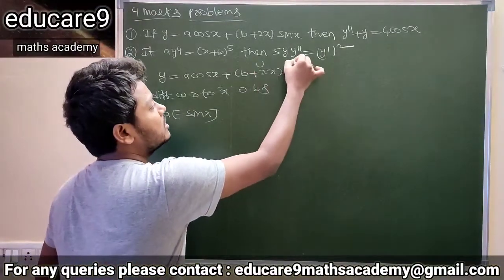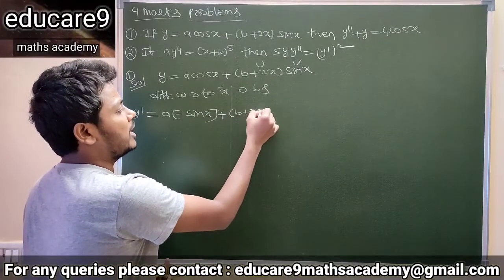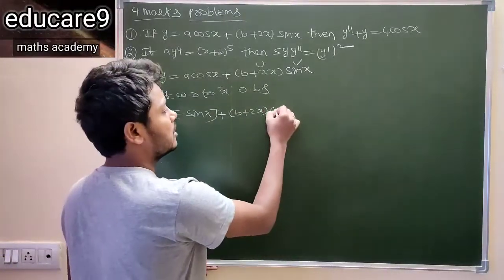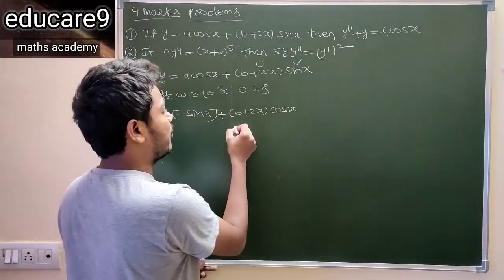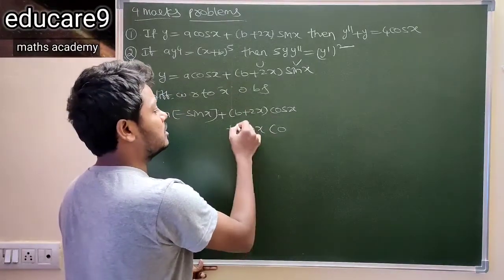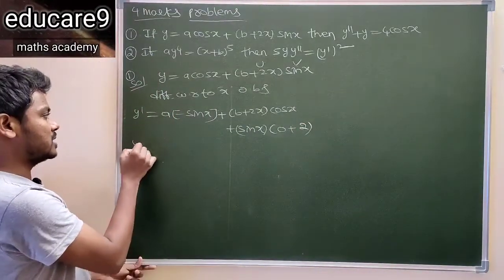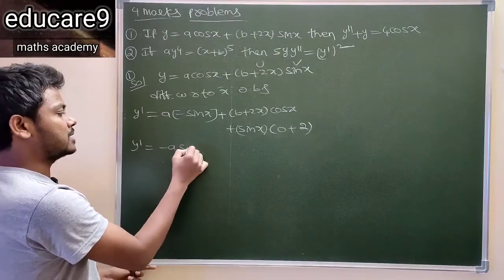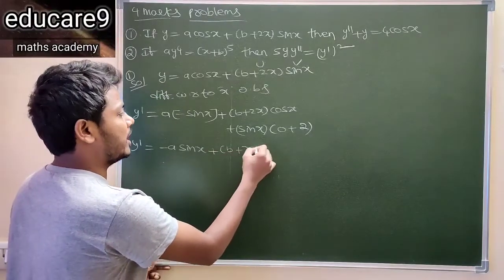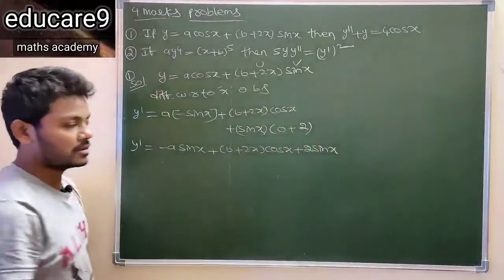So this is u and this is v, uv form, that is b plus 2x into u into the derivative of sin x, that is cos x, plus sin x into the derivative of u, that is 0 plus the derivative of 2x is 2. Now this is y dash is equal to minus a sin x. Next plus b plus 2x cos x plus 2 sin x.